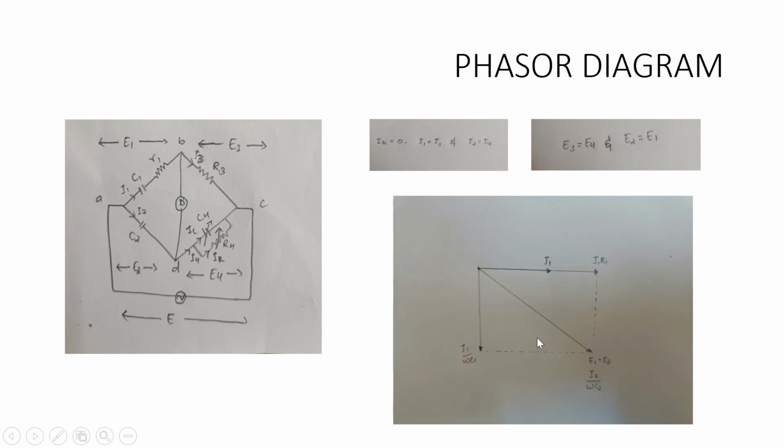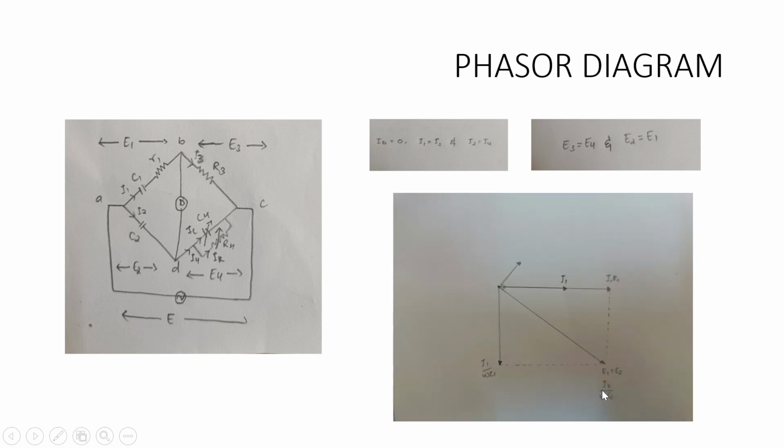So for E1 we should add C1 and R1, and in Phasor diagram we use the parallelogram law, which is E1 equal to E2, where we get E2 as I2 divided by omega C2. And here we also know that the current leads 90 degree with voltage in the capacitor.